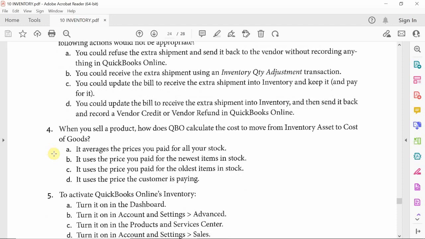All right, number 4. When you sell a product, how does QuickBooks Online calculate the cost to move from inventory asset to cost of goods sold?